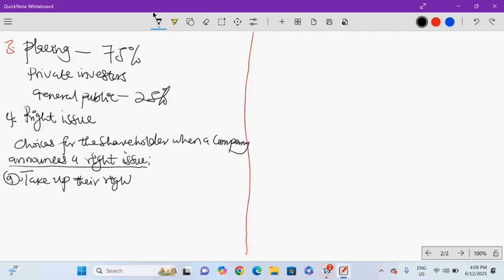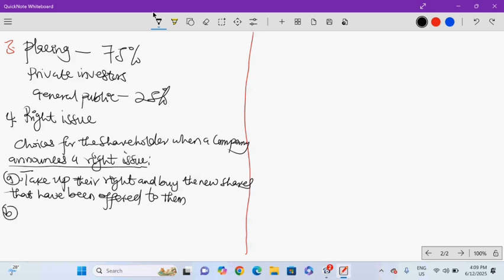They can take up their rights and then buy all the new shares, and buy the new shares that have been offered to them.